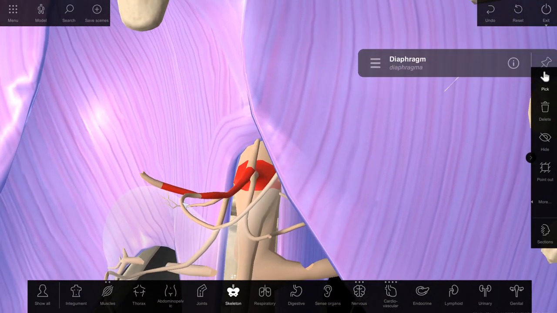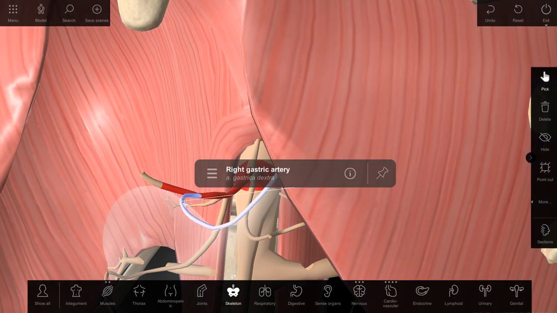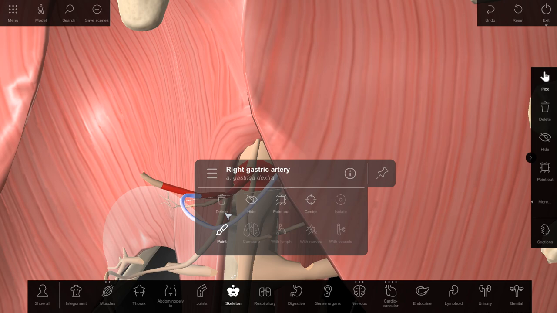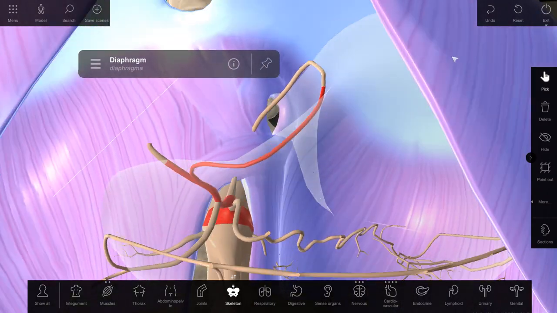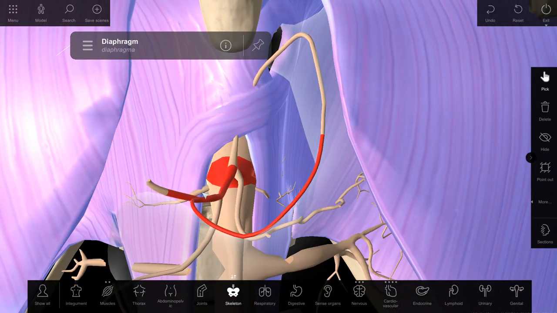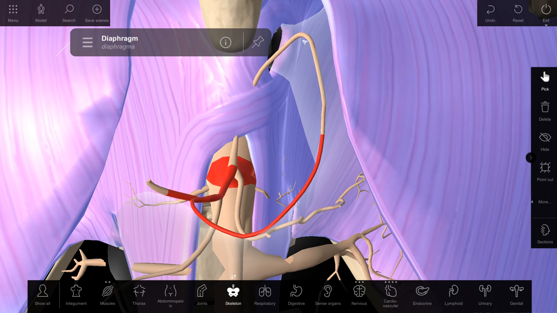One of it, we can say the daughter's branch, is right gastric artery, Arteria gastrica dextra. Let us again colorize it with the red color, and now we can see that it makes anastomosis with left gastric artery. So together they make arterial ring in curvatura ventriculi minor.